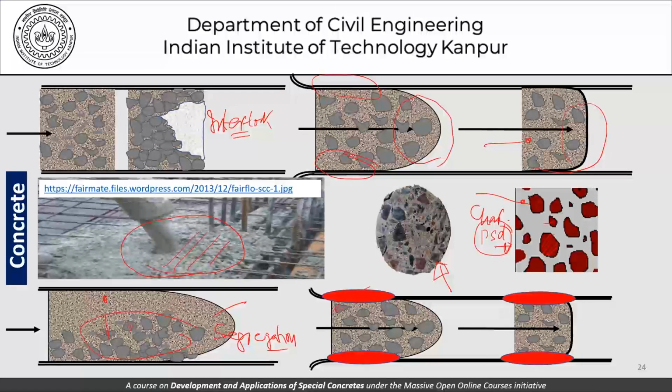It has the right kind of viscosity. For that, the mortar has to have the right kind of viscosity, and finally the paste has to have the right kind of viscosity, and they should have the right kind of carrying capacity as far as the coarse aggregate is concerned. So the mortar should have a certain type of characteristics, and that's what we'll see in a few slides before we close our discussion today.